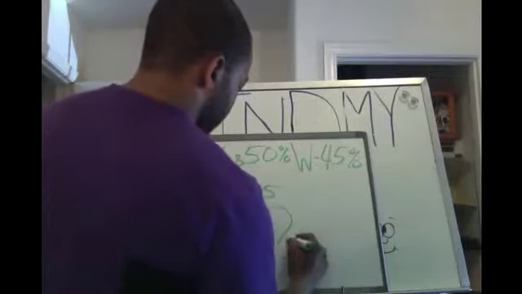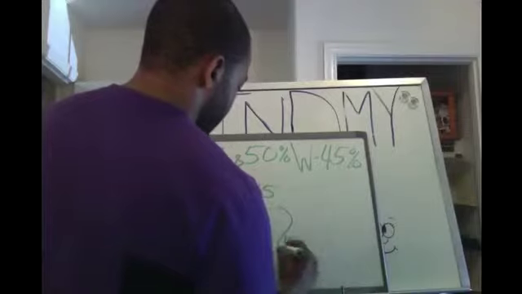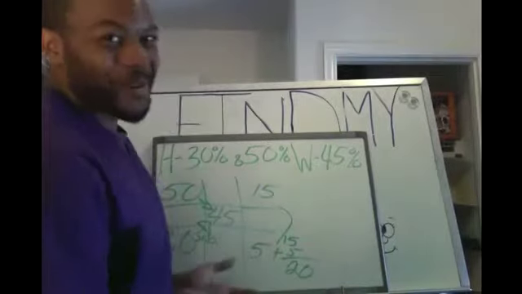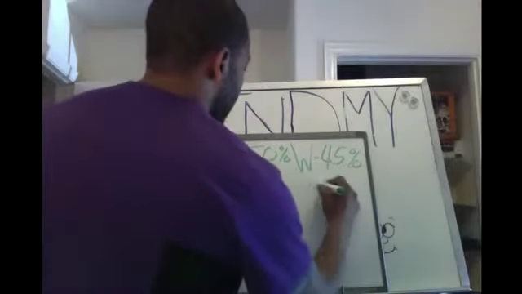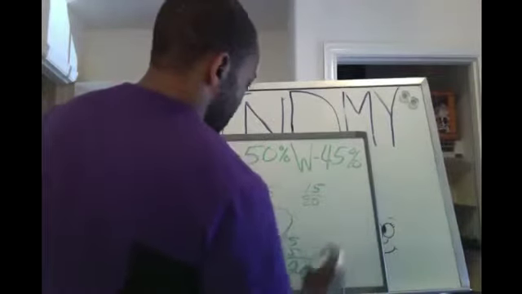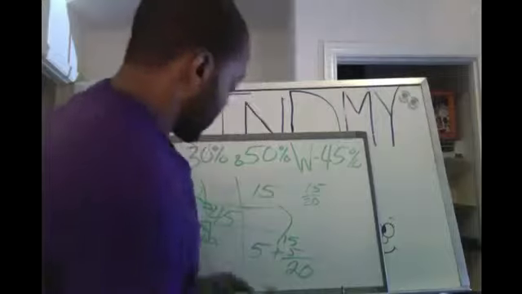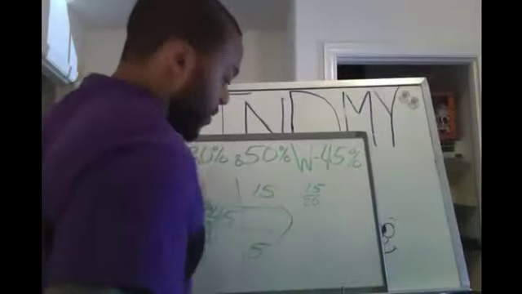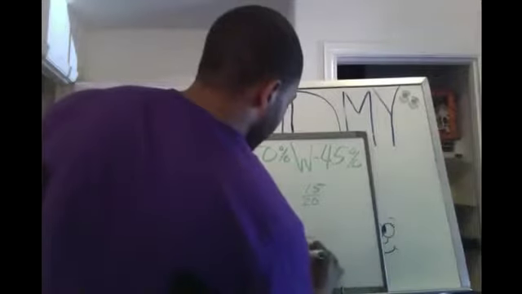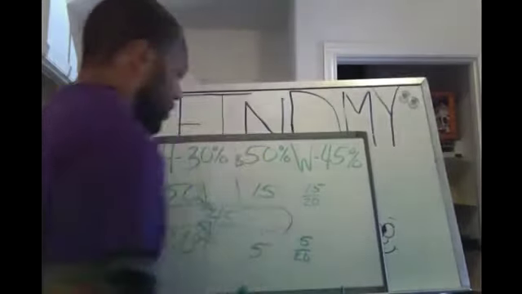So 15 plus 5 is 20. Working backwards, sorry. 15 over 20, and 5 over 20.